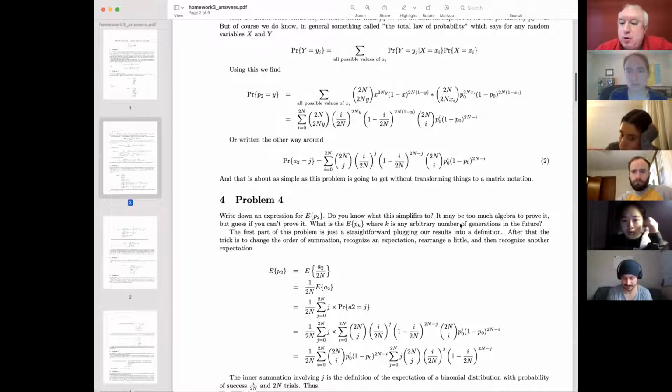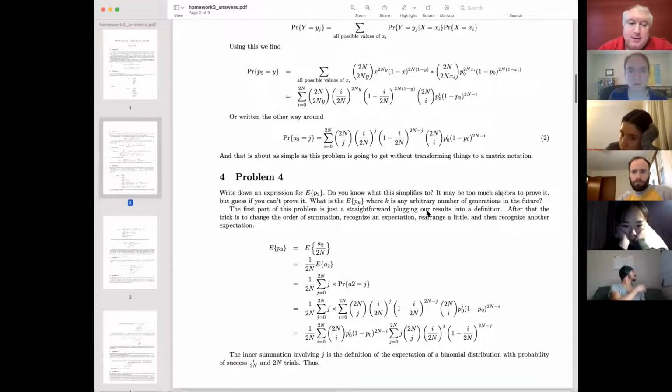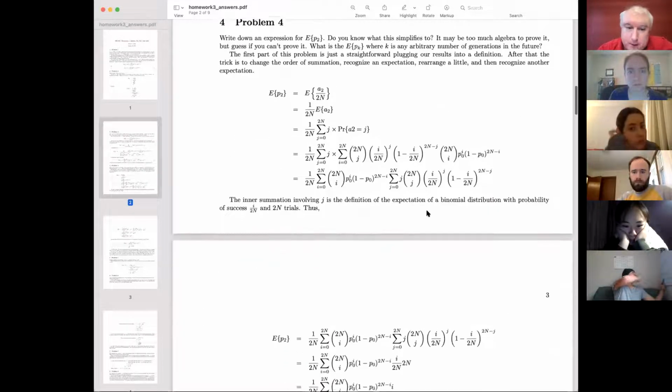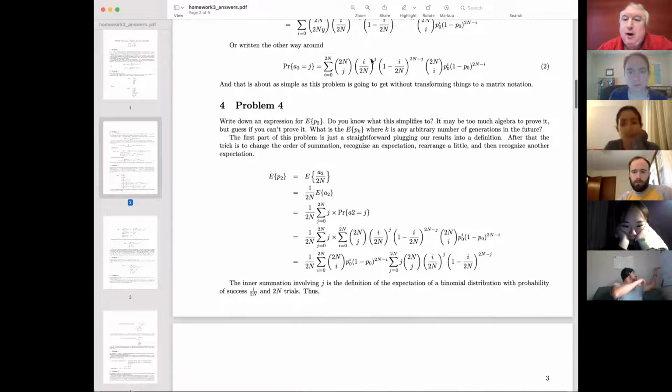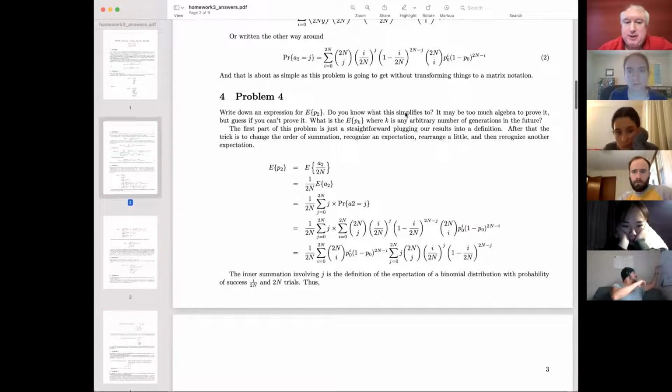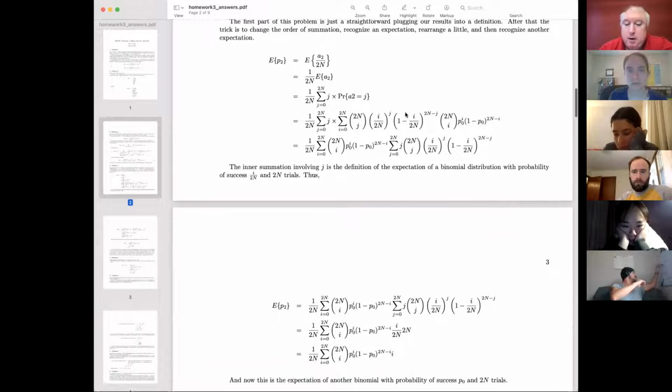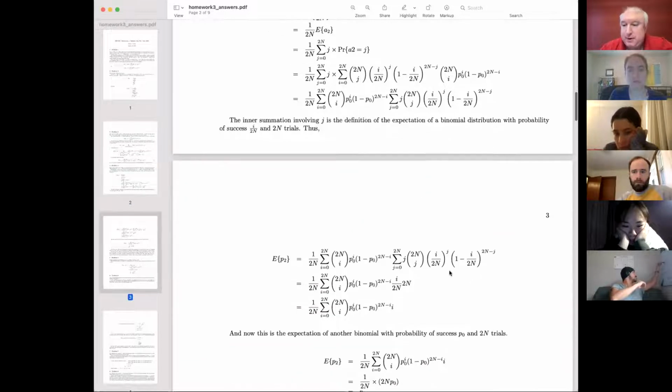We may have no good closed form expression for the distribution, unless we go to some weird matrix notation. It's going to be very hard for us to see what that distribution is right away, but we know what its first moment is. We know what the average is.